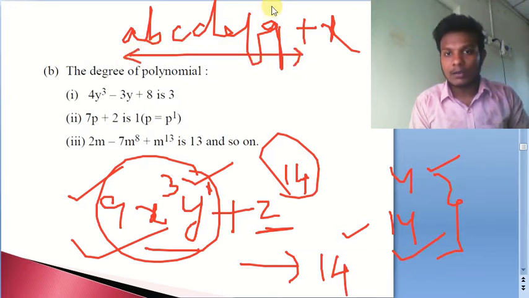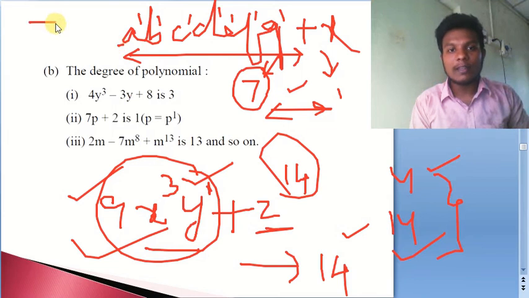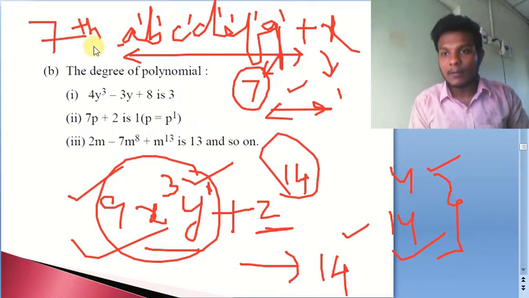In this term, power 1 is there for each variable: g power 1, f, e, d power 1, c power 1, b power 1 and a power 1. Here 7 ones are there. So in this term, the highest power I can have is 7, and here 1. Out of these two, the highest one is 7. So this is going to be a 7th degree polynomial. That is how we determine the degree of the polynomial when it comes to more than 2 variables.